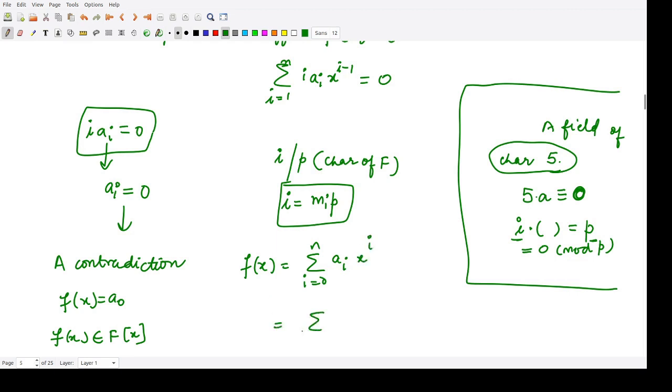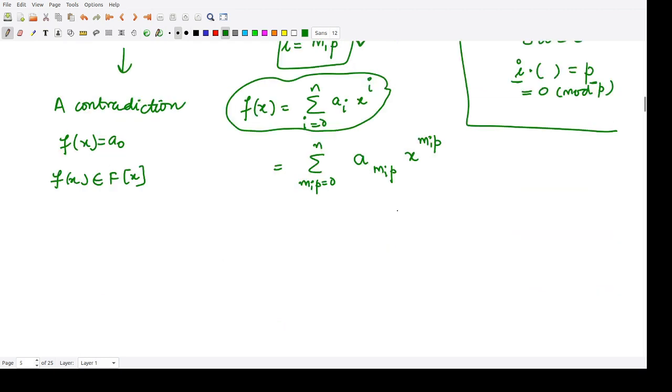So here we can substitute the value of this parameter i. We would have the sum over m from 0 to n, and instead of i we would use mp, and instead of x raised to power i, we would use x raised to power mp. So we have just replaced the value of i in this particular expression. So let us see what we have.